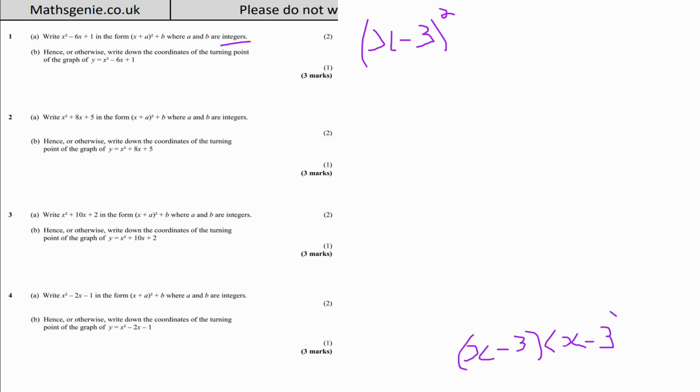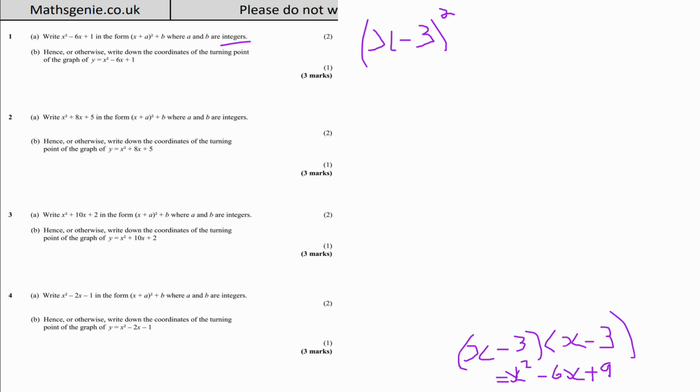So if I expand this bracket and I simplify it, I get x squared minus 3x, which is minus 6x. So x squared minus 6x plus 9, because negative 3 times negative 3 is positive 9.